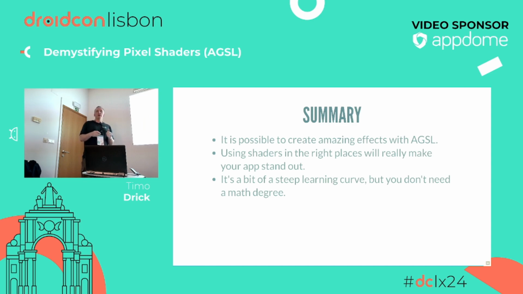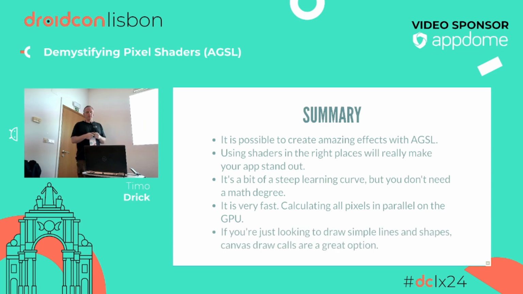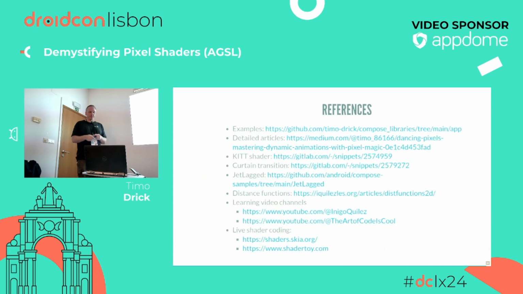So you have to use a different mindset. But it's very fast because it runs directly on the GPU and in parallel for every pixel. But when you just want to draw a circle or simple shapes with lines and do not want gradients and smooth transitions, then maybe it's easier to use the draw calls from the normal Canvas API.